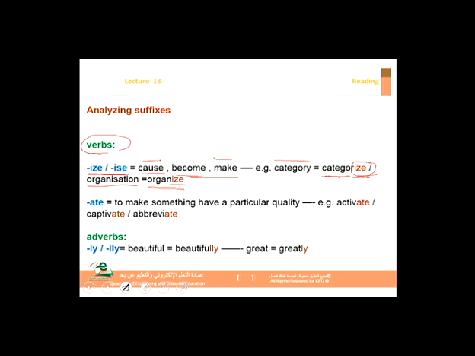Another suffix that we have today is -ate, and it means to make something have a particular quality. For example, the word active. What's the verb of the word active? It's activate. We just add -ate, and that means to make something active.